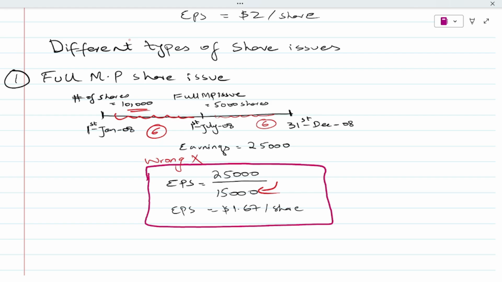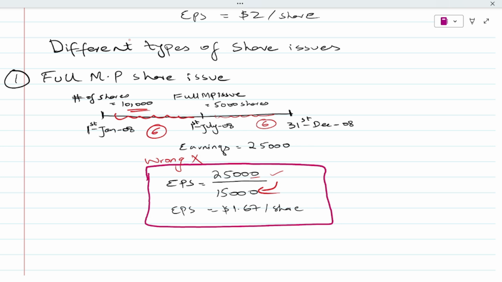So this method was wrong because we were not doing a like-by-like comparison. We were not taking a 6 month to 6 month comparison. Rather, we were taking a 1 year to 6 month comparison. Do you get it? The earning in the numerator was for the entire year, 25,000. But in the denominator, we had 15,000, which was basically after 1st July when we made a full market price issue of 5,000 shares.